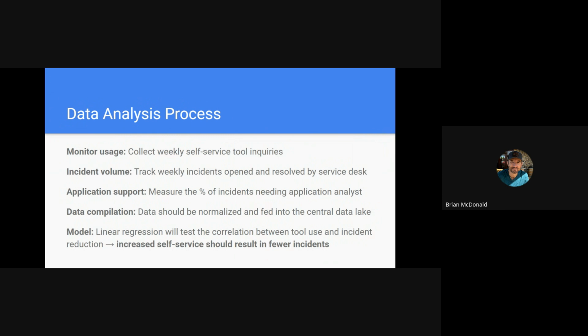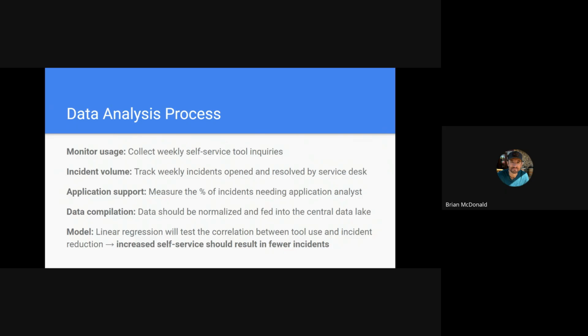Additionally, we want to decrease the number of incidents that actually need an application analyst. So that's considered like a level 2 type analyst. Most issues can be resolved by the agent or maybe by a field service or service desk person. So we definitely want to keep that troubleshooting at that level.